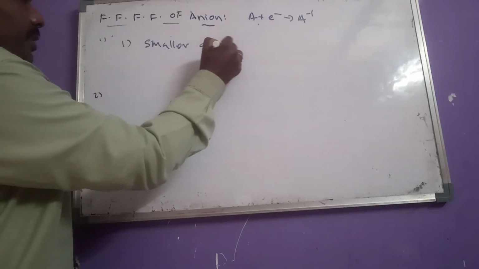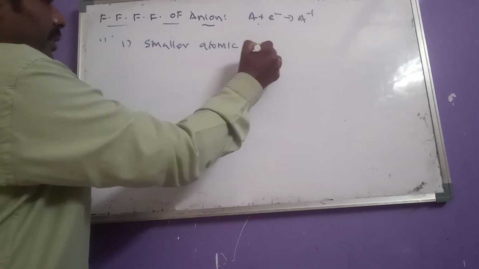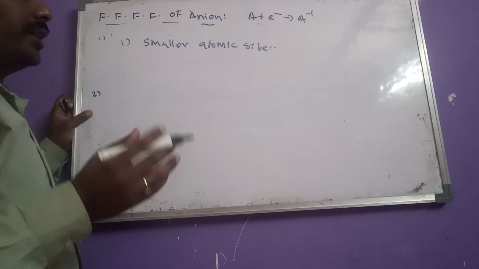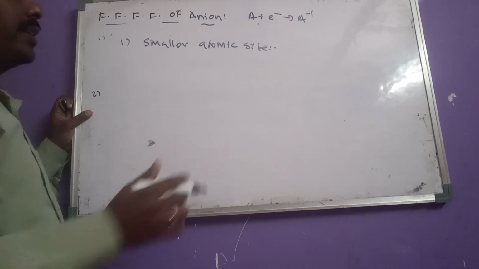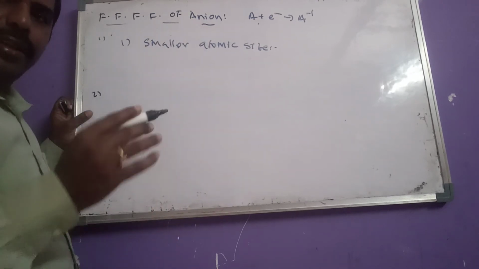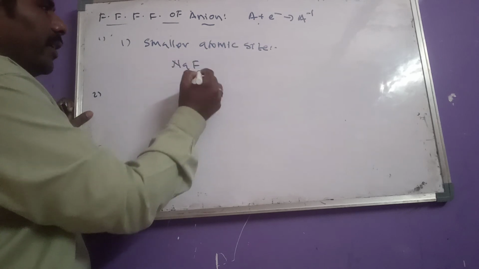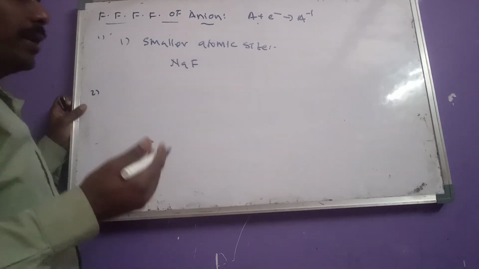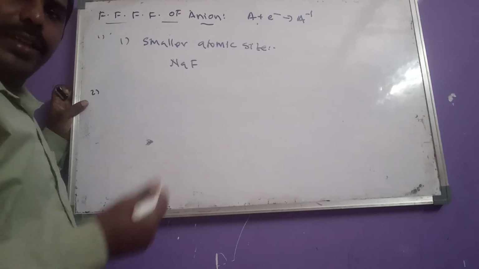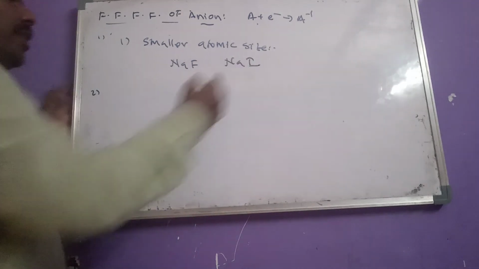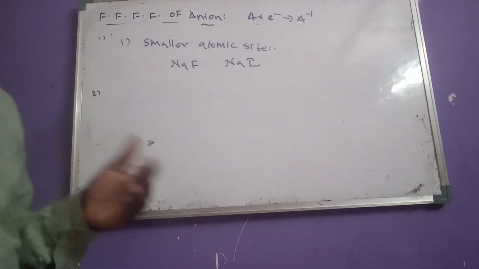As atomic size decreases, the atom can gain an electron easily. So smaller atomic size is a favorable factor for the formation of anion. The more easily the anion is formed, the greater the ionic nature. So NaF and NaI, which is more ionic in nature?